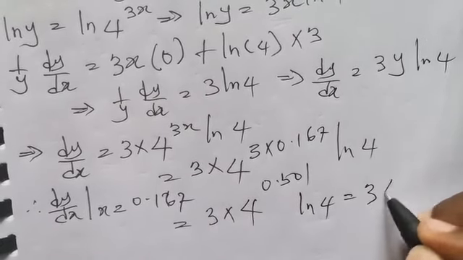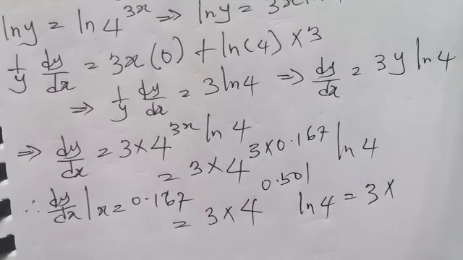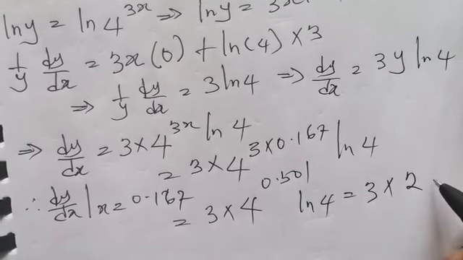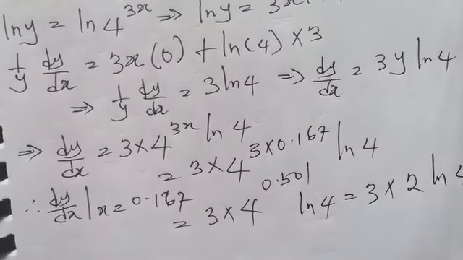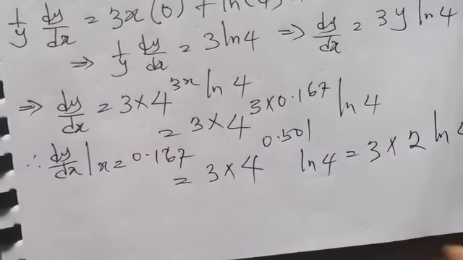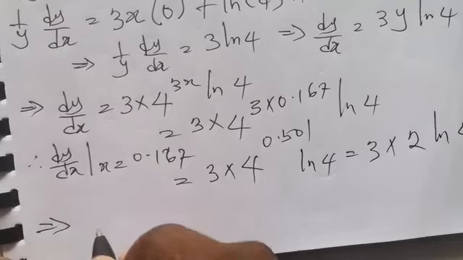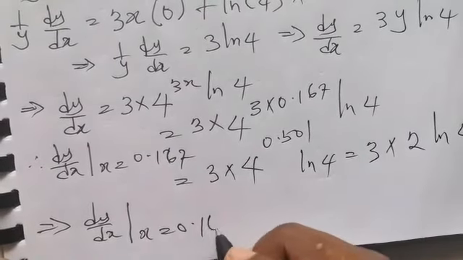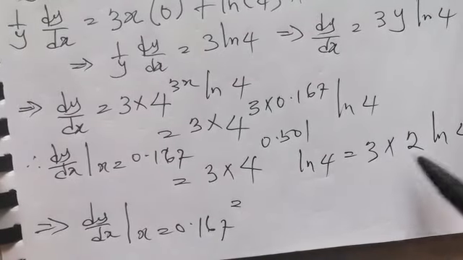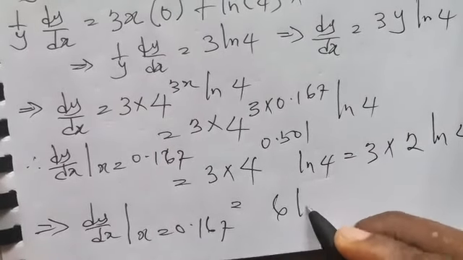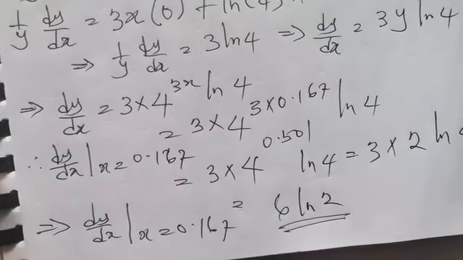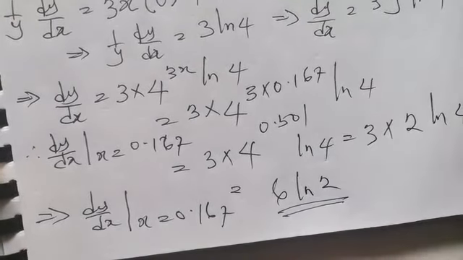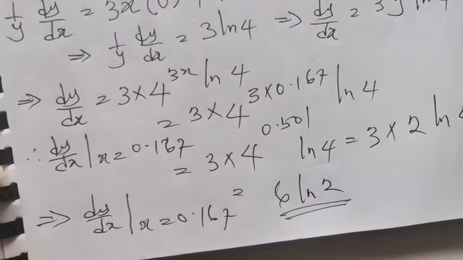This is equal to 3 times, let's find 4 to the power of 0.501, that gives us approximately 2, ln 4. So the sensitivity value dy/dx at x equals 0.167 is equal to 3 times 2 gives us 6 multiplied by ln 2. So you can go ahead to evaluate ln 2 and obtain a value, but that becomes the final answer.